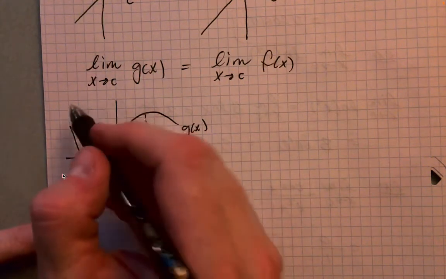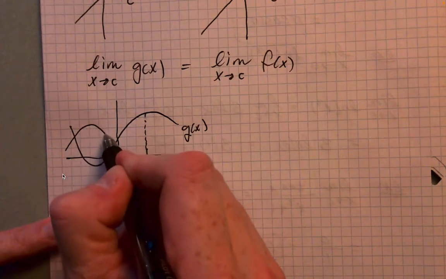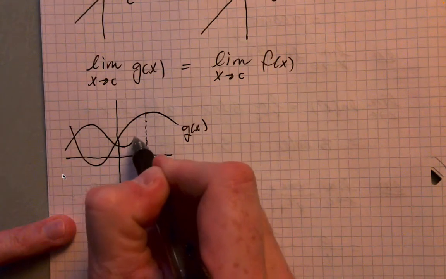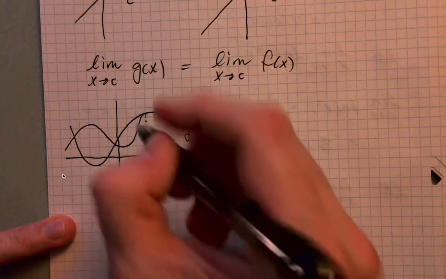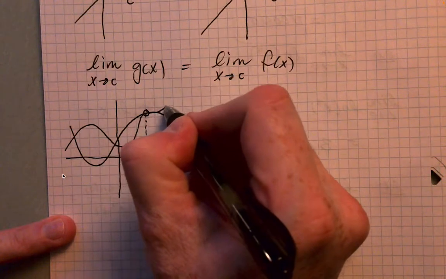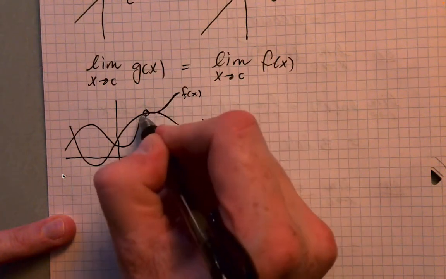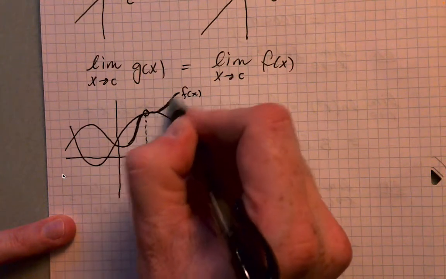Then let's say that the f function does something different. Let's say it goes like this, coincident here, except there's a hole, and then it moves away like this. It's a little difficult to see which one is which, but I'll try to make the f a little heavier.